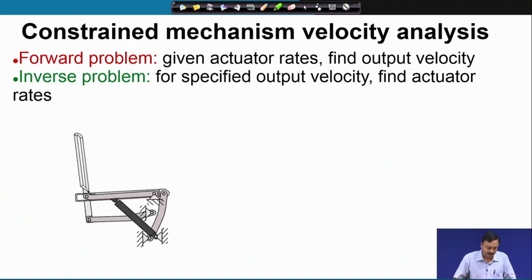For example, in this transfer device, if I am specified a certain rate of upward movement, which might also change with the configuration of the chair, how should I specify the actuator expansion rate? So, that is the inverse problem.